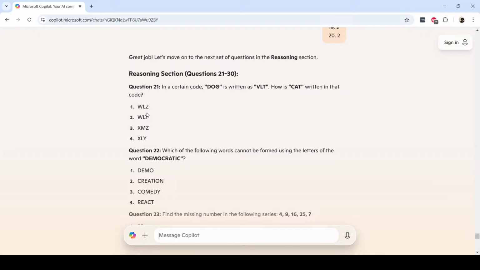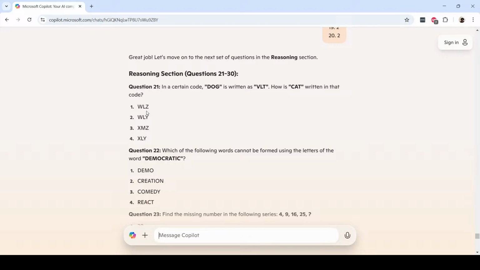So for C it's W, and for A it is L, it is the same, and for G it is T. So for T it will be 1 2 3 4 5 6 7 8 9 10 11 12 13 14 15 16 17 18 19.